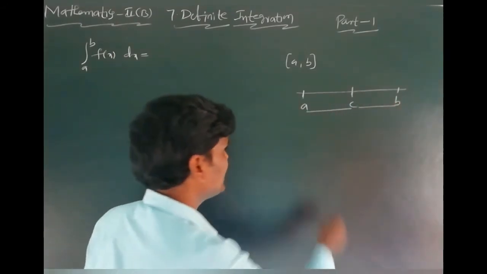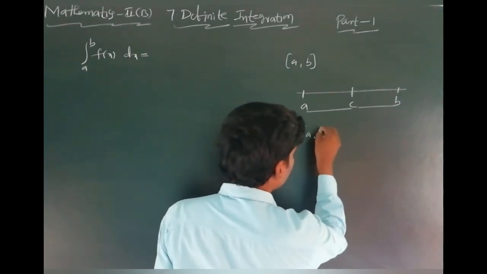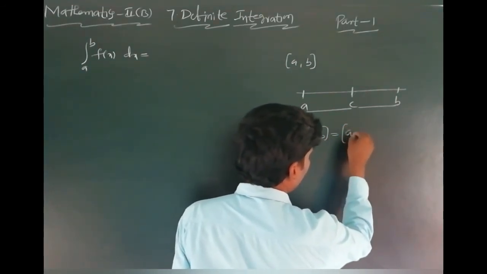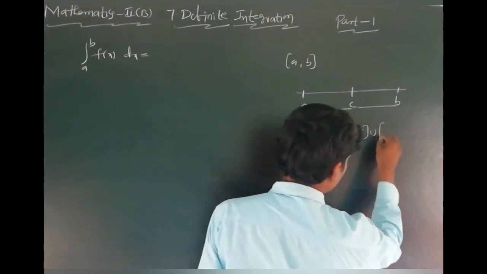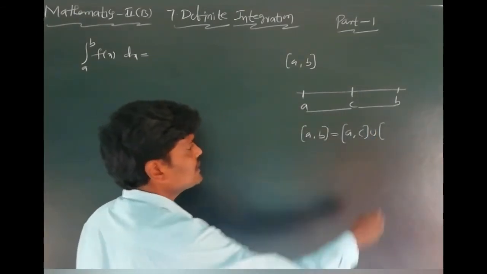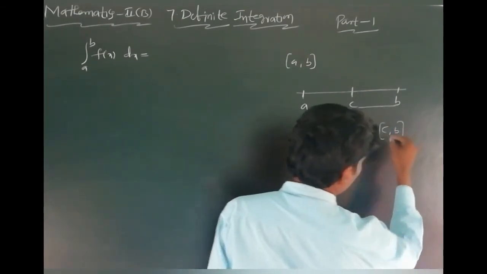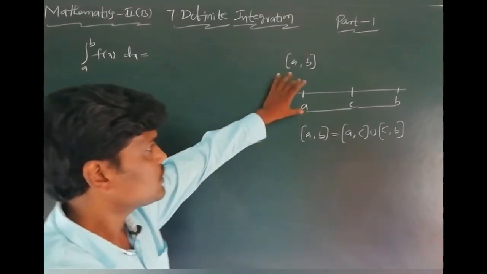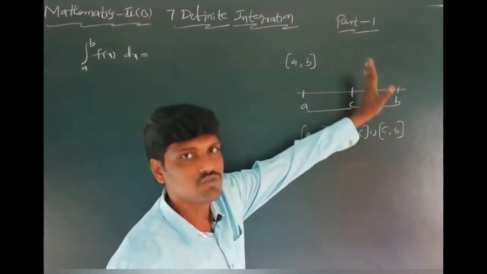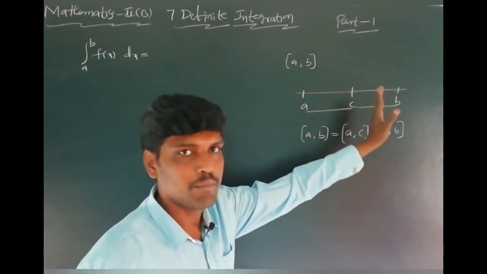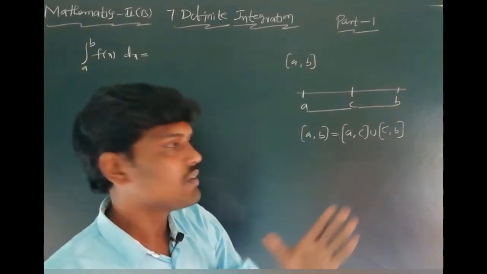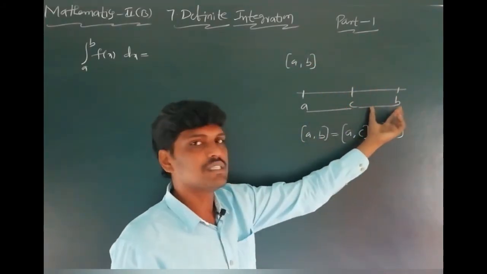Then you can write the a comma b interval as the a comma c interval union the c comma b interval. Nothing but this total interval is divided by one real number into two parts: this is the first part and this is the second part.